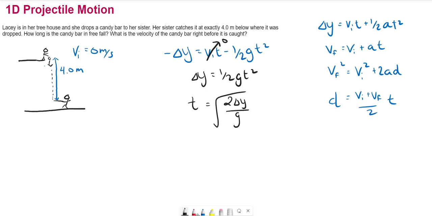And so there's a couple of things I want to mention about these types of problems. You could technically just memorize t equals the square root of 2 delta y over g. But I really don't recommend doing that, because this is specific to this problem.